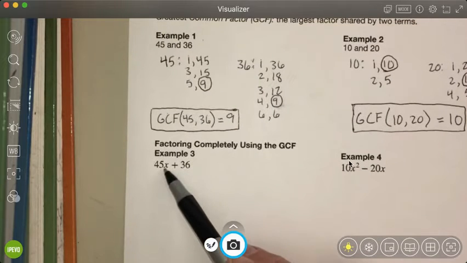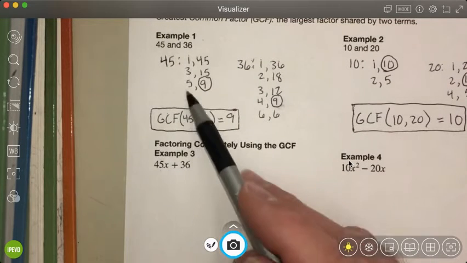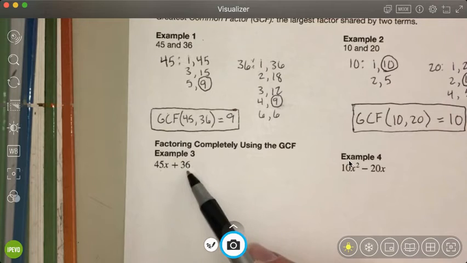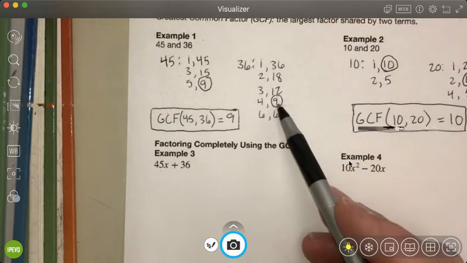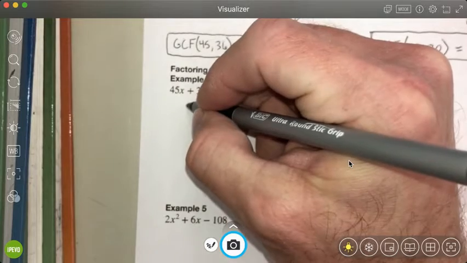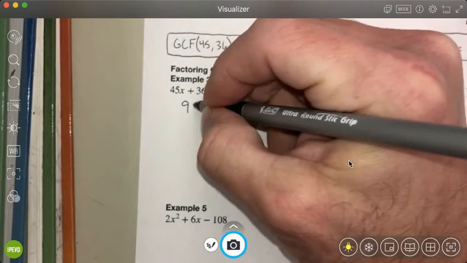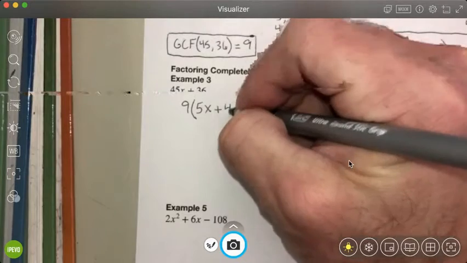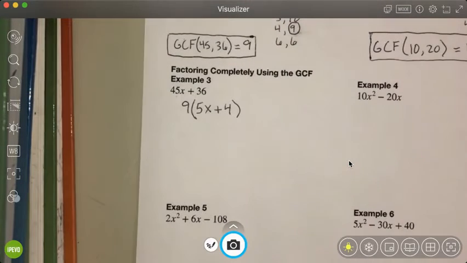For 45, the factor pair with 9 is 5, and for 36, the factor pair with 9 is 4. So they both have a factor of 9, and I'm going to pull that out. And there's my factored form.